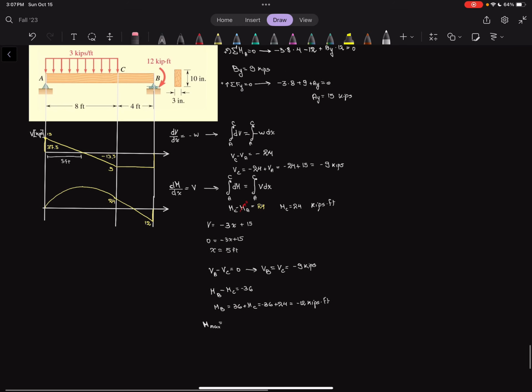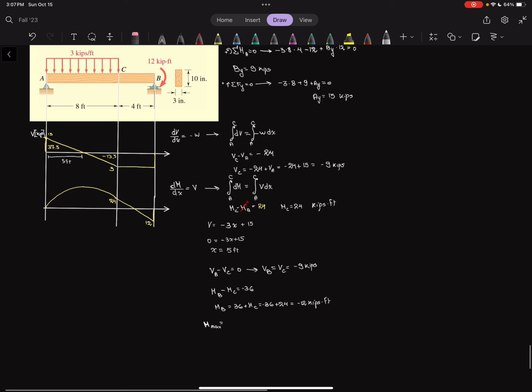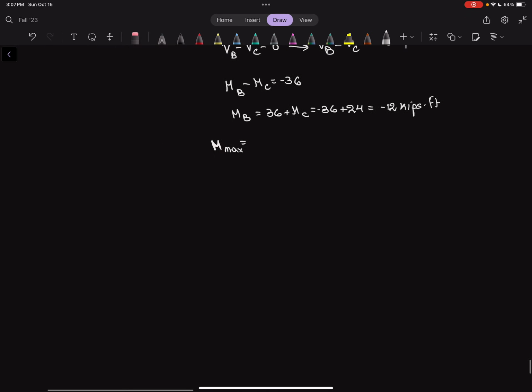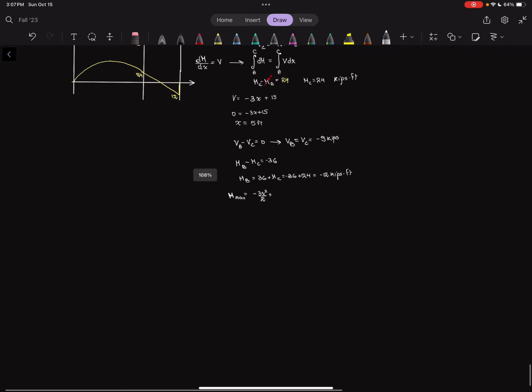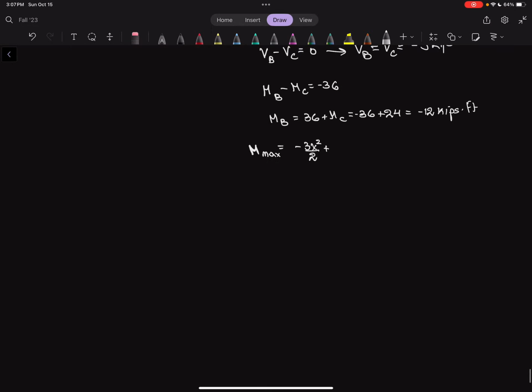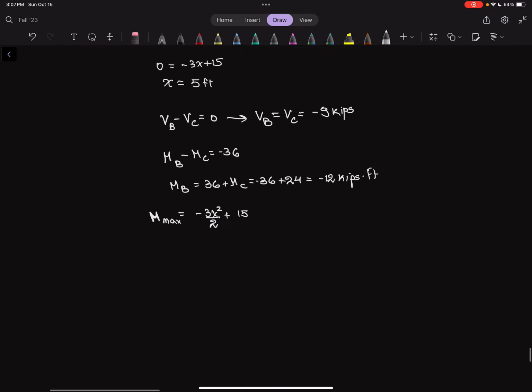So the moment about the cut is going to be minus 3 times x squared over 2, plus my reaction force at A, which is 15 times x.